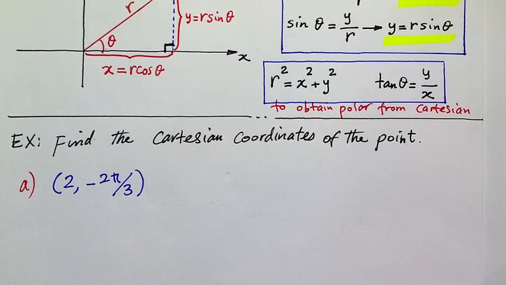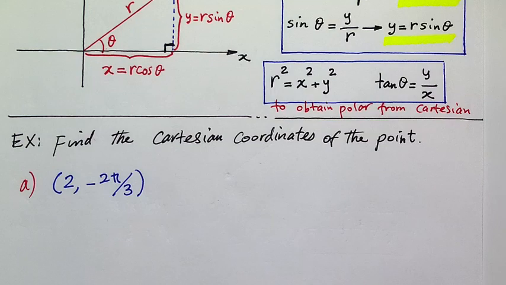One kind of example is to convert the coordinates of a single point from Cartesian to polar, or polar to Cartesian. The other main kind of problem we will deal with is finding entire equations, not just for a point, but entire equations for a line. So if the equation of a line is given in Cartesian form or XY form, we want to convert it to polar form. Or if the entire equation is given in polar form, then we want to convert it to Cartesian form.